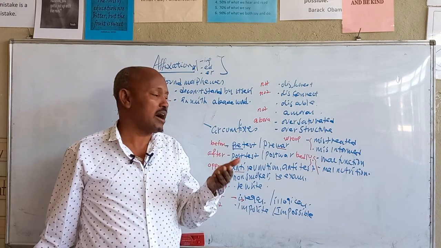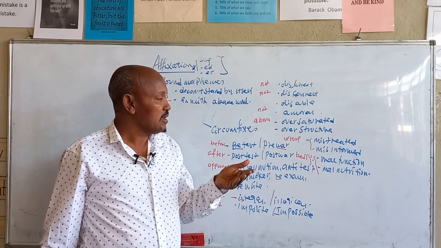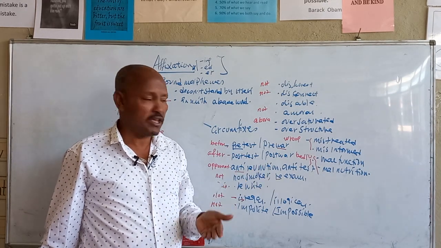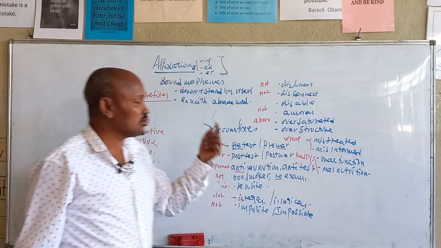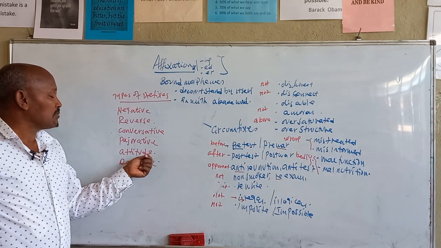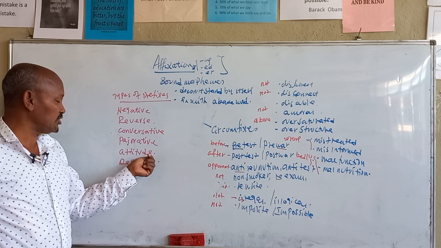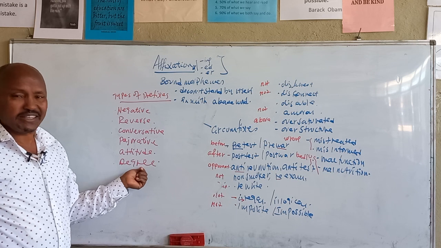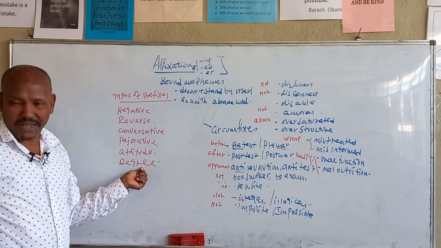The meanings are wrongly or badly, for instance mistreated, wrongly treated, misinformed, wrongly informed, malfunction, badly function. So these kinds of prefixes are pejorative. The other is prefixes of attitude, right? And the other is prefixes of degree, for example saturated, oversaturated, or above saturated.